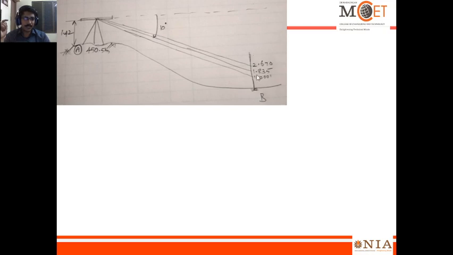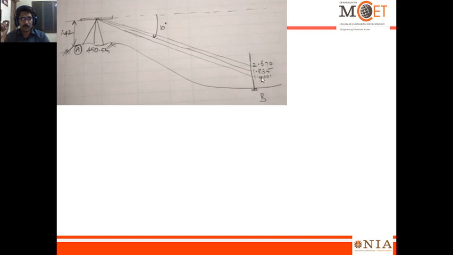Next they have given the instrument is set up at a station A and the staff held exactly vertical over the station B, and it was viewed at an angle of depression from the line of sight. So the center ray is the exact angle measuring point. From the line of sight to the center ray it is 10 degree angle of depression, and the staff readings were given: top, middle, bottom.